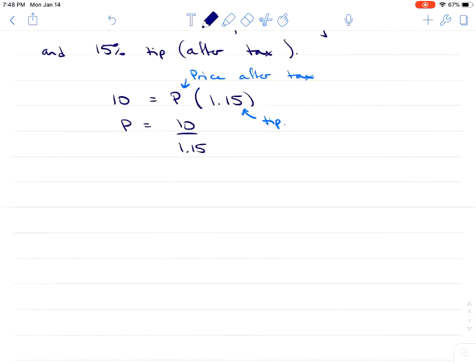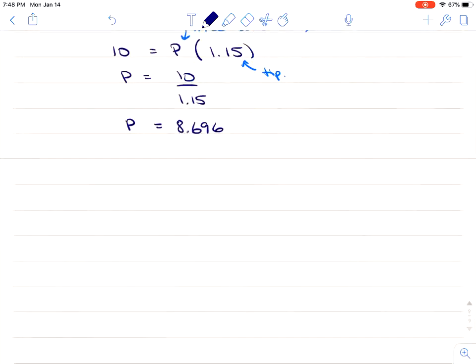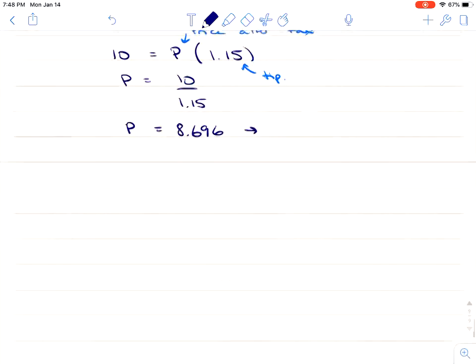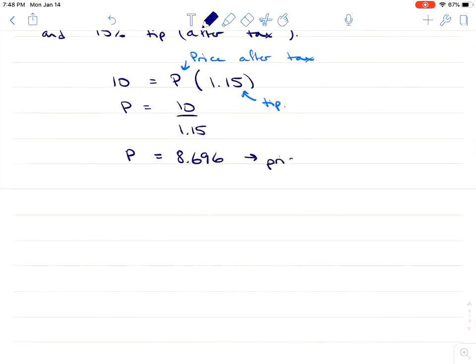So we get P, the price after tax, is 8.696. And if you want, we can round this to 2 decimal places. I'm just going to leave it. I'm not too picky at this point. So this is the price after tax.